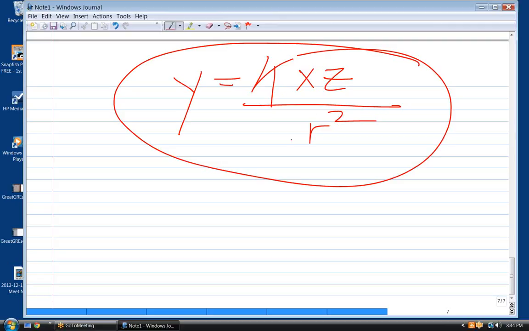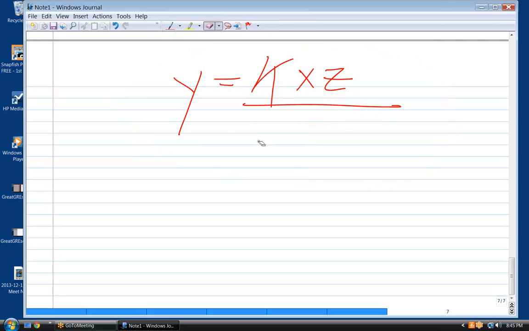It can be a squared polynomial, or a square root, or a cube root. Either way, if they gave you this problem, they're going to give you a y, an x, a z, and an r, let you calculate k, then you'll have the specific equation.